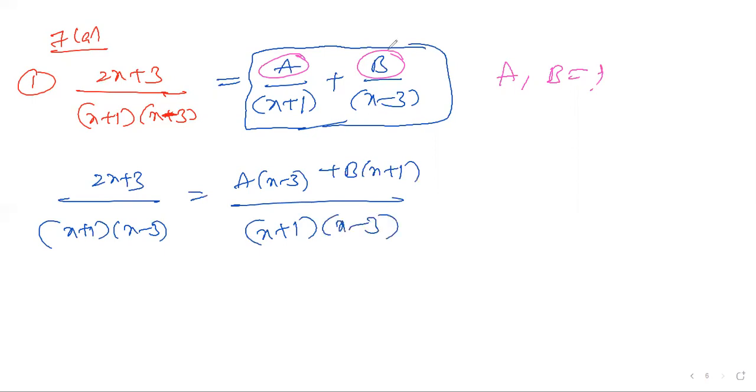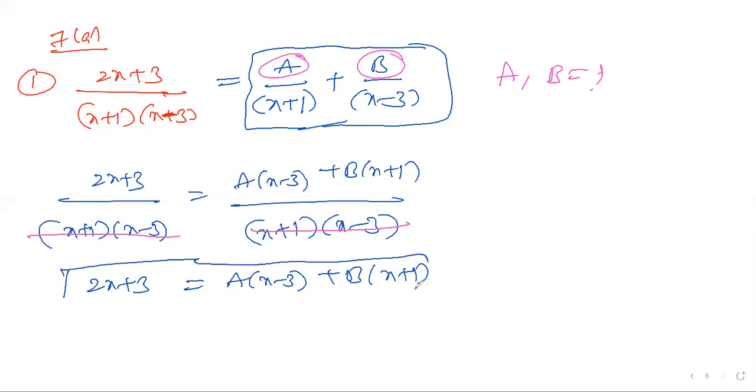Is this clear? Now the denominator is going to cancel. Next step, you write 2x plus 3 is equal to A times x minus 3 plus B times x plus 1. Any doubt? Clear.